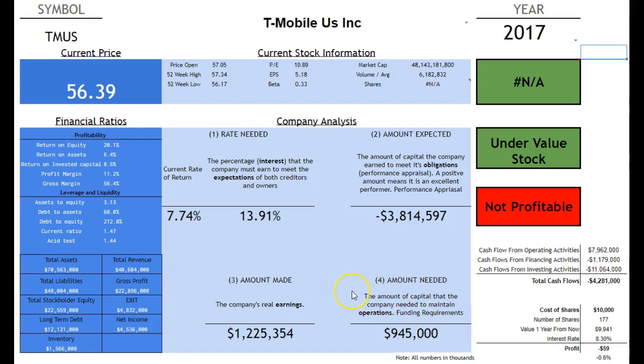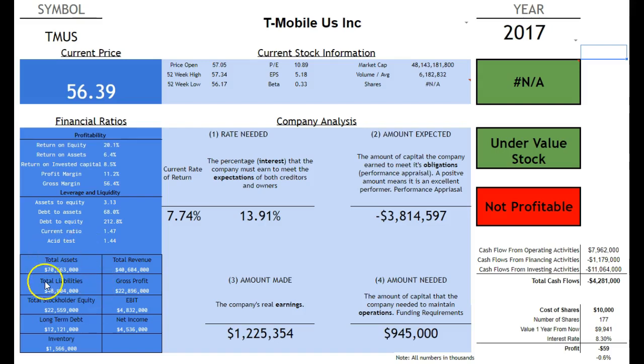Again, the program in the background does everything for me, and then it produces the information and puts it out here. The reason I decided to put the numbers here is for those individuals who are interested in following the numbers. These numbers here in the left bottom corner should be the same as the ones from your analysis. Meaning if you gather the information for T-Mobile for 2017, it should be the same.